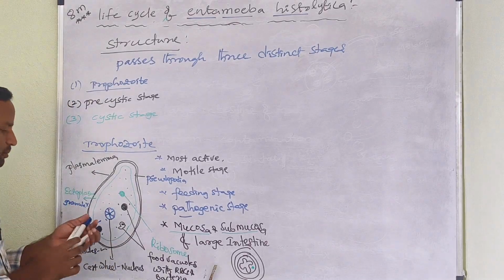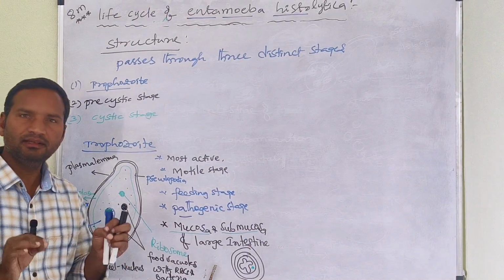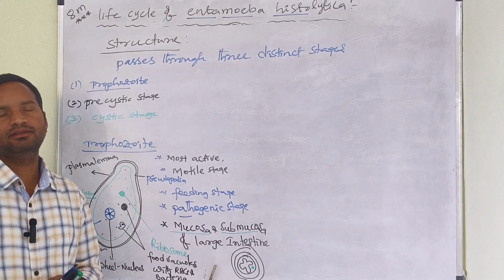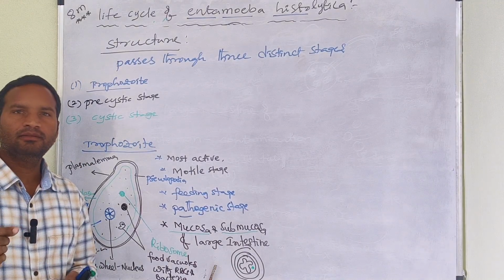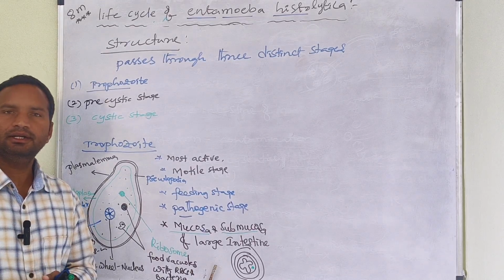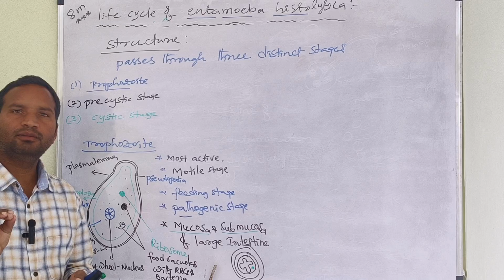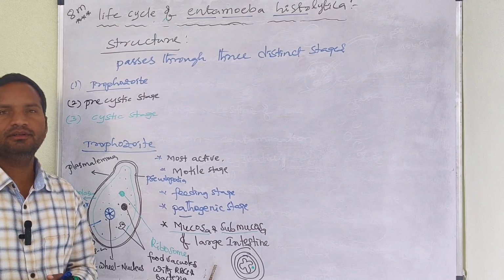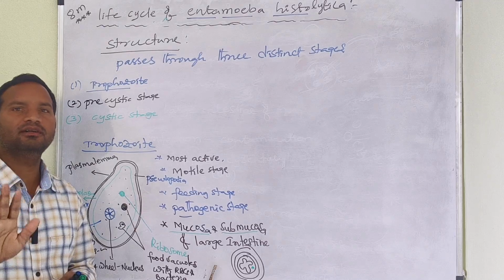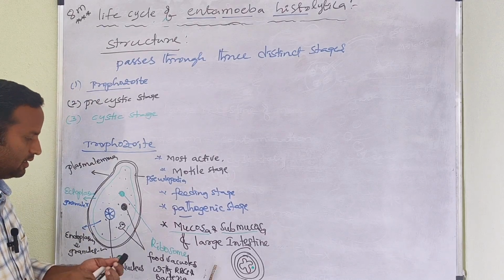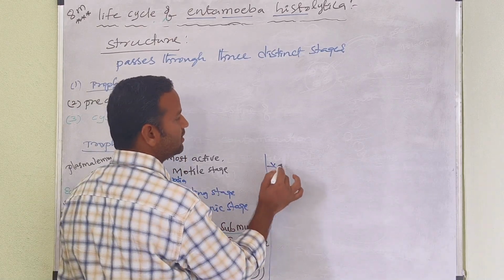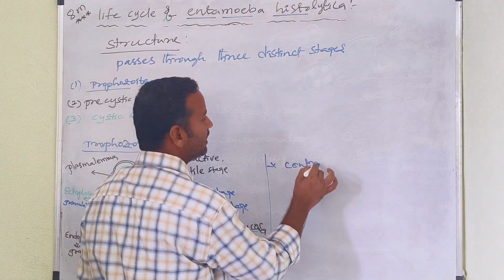One of the most important points is that contractile vacuoles are absent. Endoplasmic reticulum is absent, and Golgi complex is also absent.